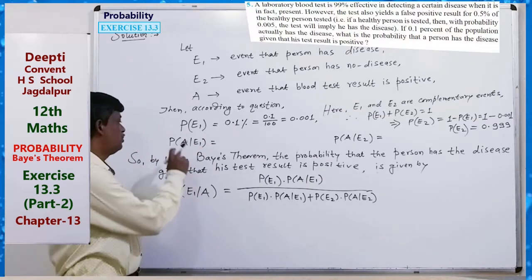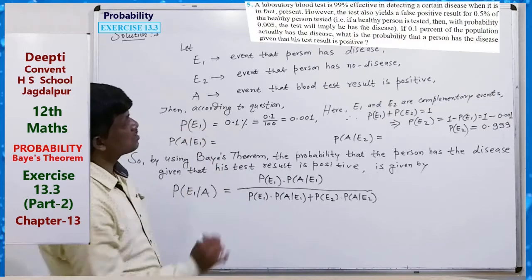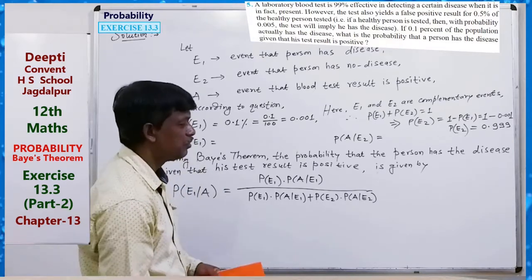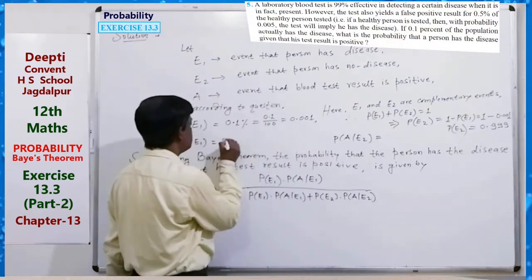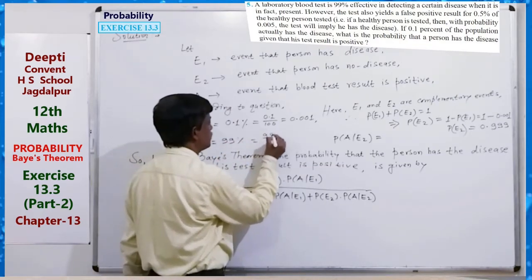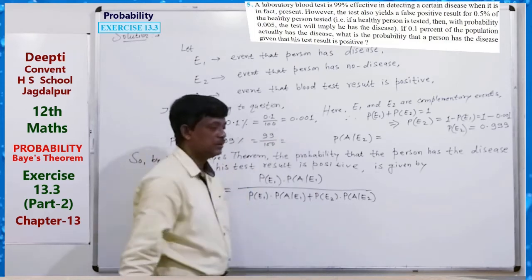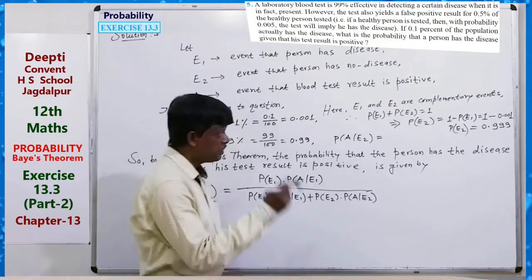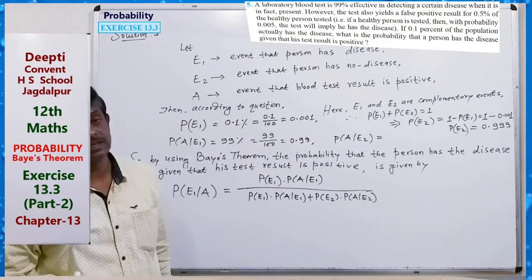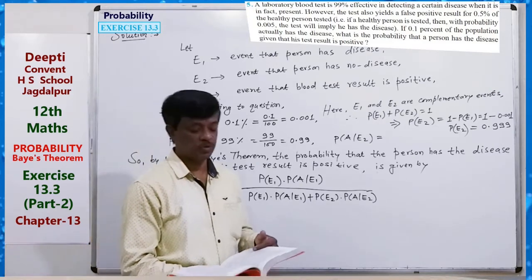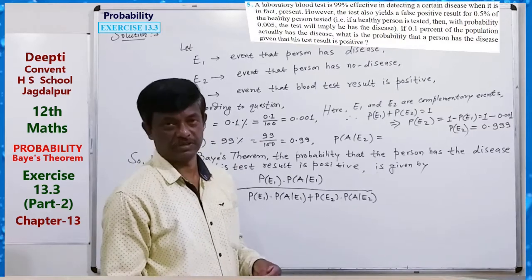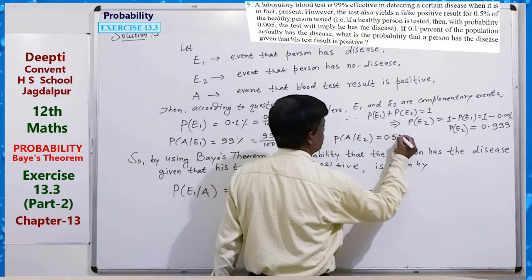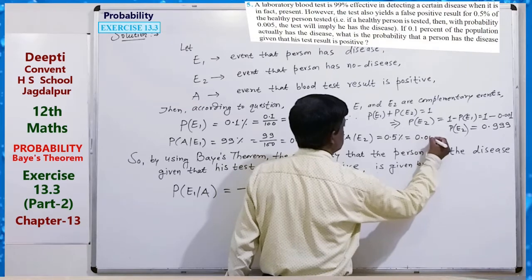Now P(A given E1): A means test result positive and has disease. So this is 99%, that is 99 by 100, that is 0.99. And P(A given E2), that is has no disease and test result positive, is given as 0.5%, that is 0.005.